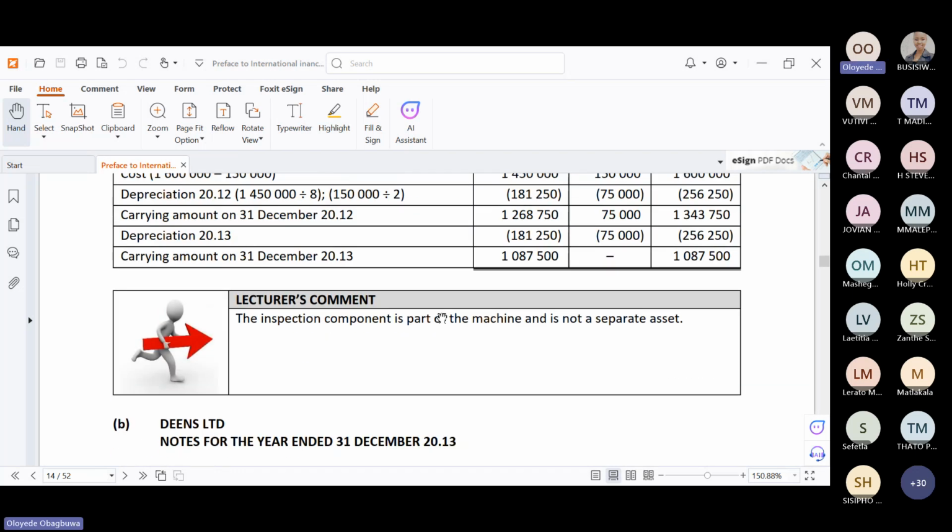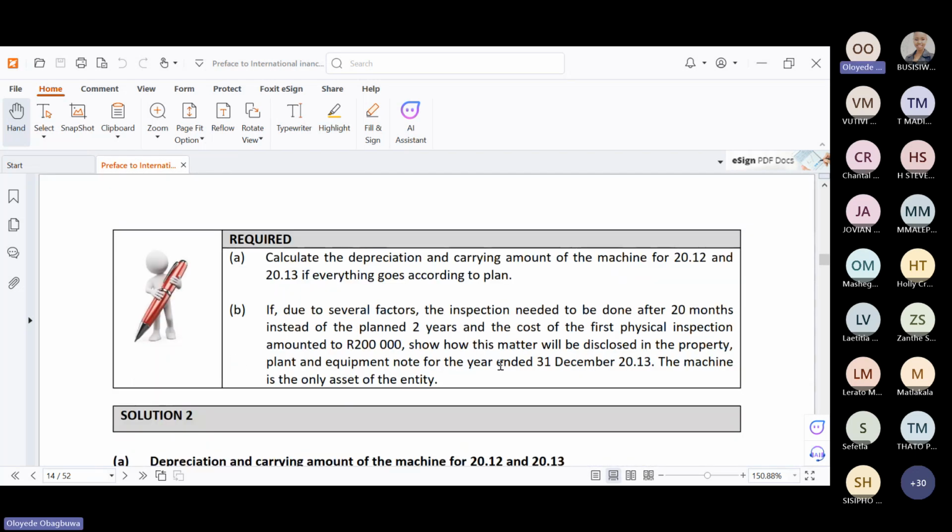So let's look at the second question that says, if due to several factors, the inspection needed to be done after 20 months instead of the planned 2 years. You can see now something has changed here. They told us initially the inspection is planned for 2 years, but now they said because of some factors, it has to be done after 20 months.